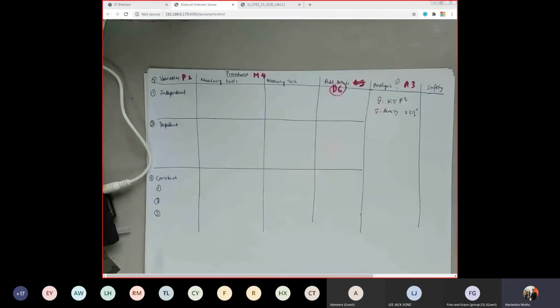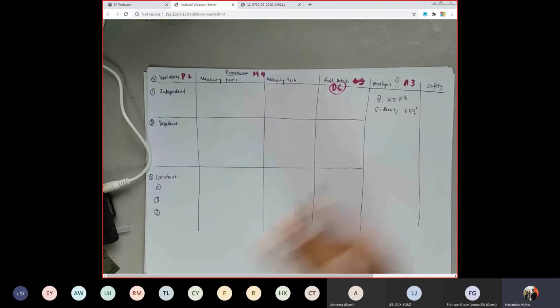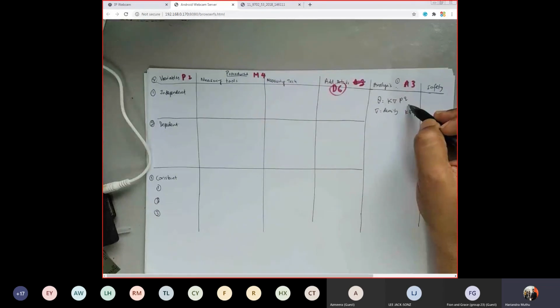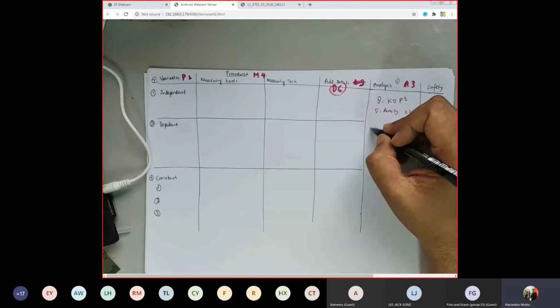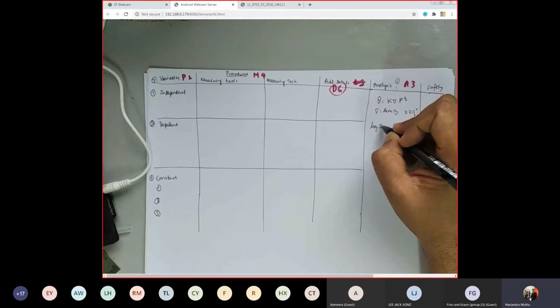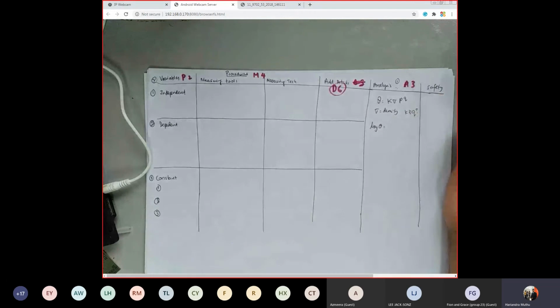So if you look at this particular formula, it's a non-linear formula. So you have to change it into a linear equation. So how do we do that? We use log. Okay, so log theta equals what?